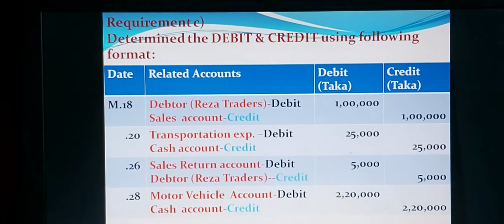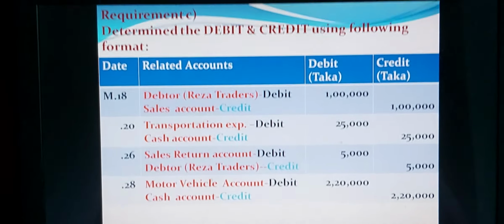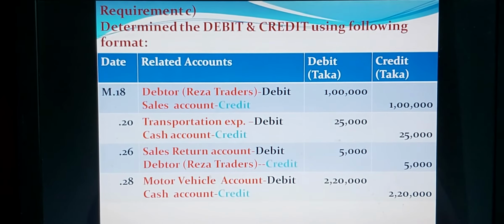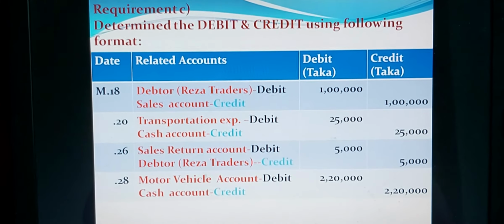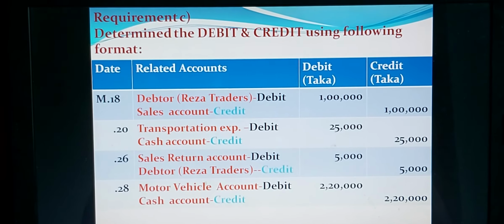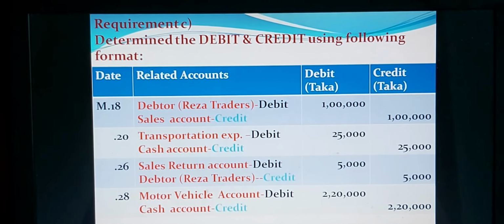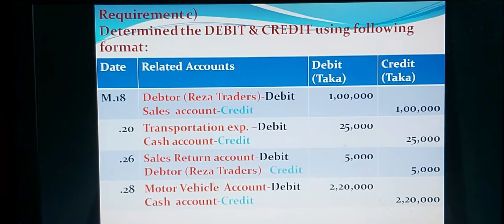So Reza traders, he is our customer. That is, the account's name is debtors or account receivable. So account receivable is increased, that is the asset increased. So you can write account receivable or debtors, in bracket Reza traders, debit, and sales account is credit.